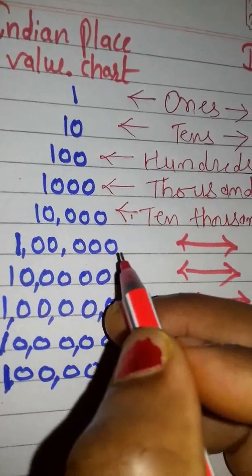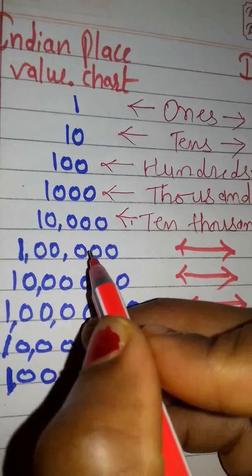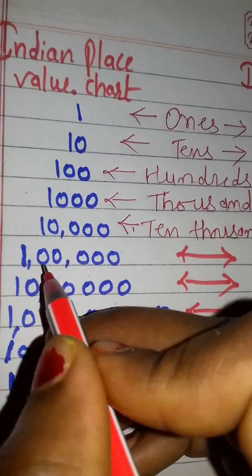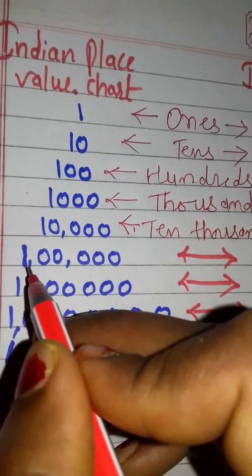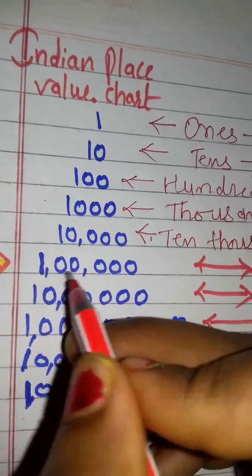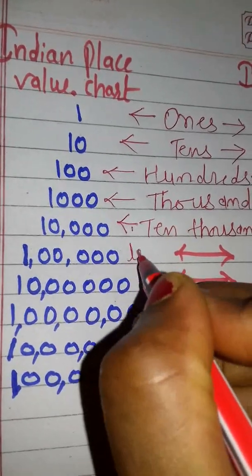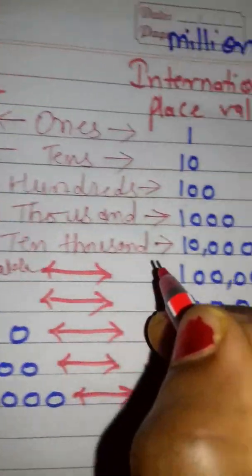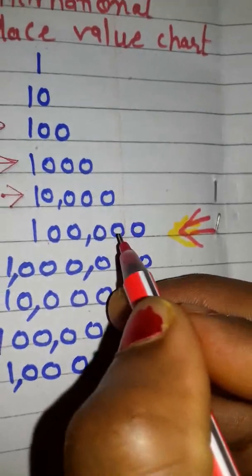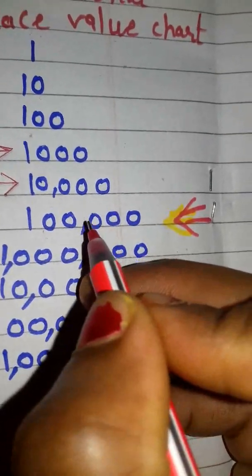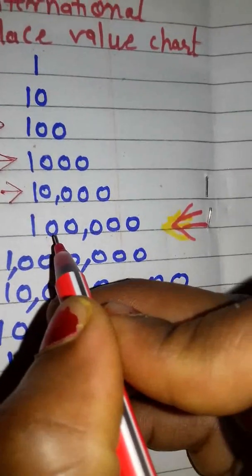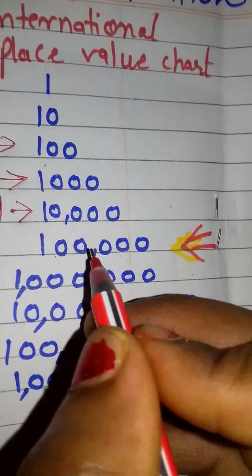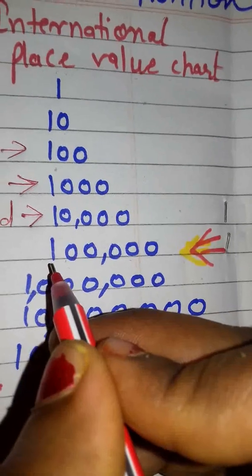Like in Indian we will read ones, tens, 100, then 1000, 10,000. After 10,000 there is lakh period, so we will read it as lakh, 1 lakh. Okay, it is 1 lakh, but in international it is given ones, tens, 100, 1000, 10,000, 100,000. After 10,000 there is no lakh, there is 100,000.